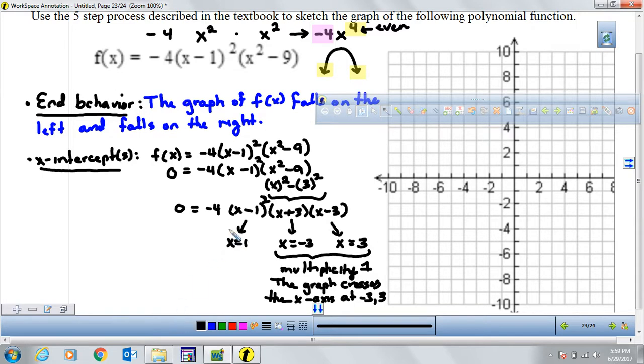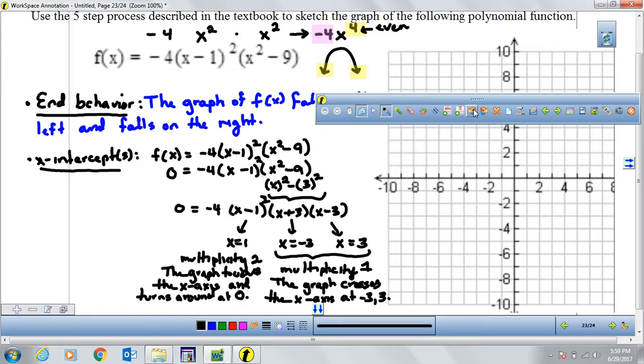Now what can we say about this factor, x minus 1? That one is repeated 2 times because it has an exponent of 2. That means it has a multiplicity of 2. So since it is an even multiplicity, the graph touches the x-axis and turns around at, I mean, at 1.